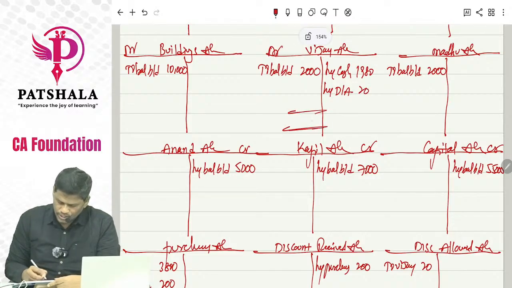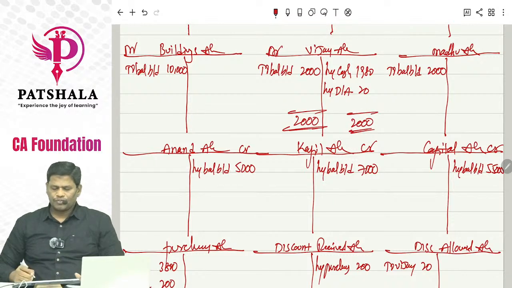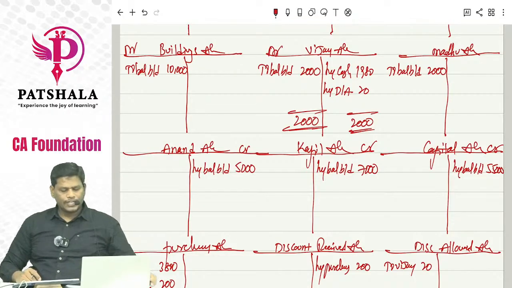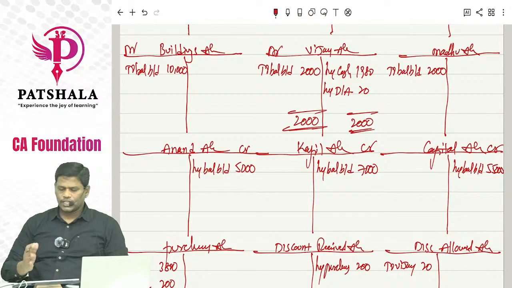Check. Vijay gets closed. Look, listen here once. From Vijay we should get 2,000. We got 1,980. We gave 20 discount to Vijay. That's it. There ends the matter of Vijay. Close it like that. Go to Vijay. By cash. By discount allowed.